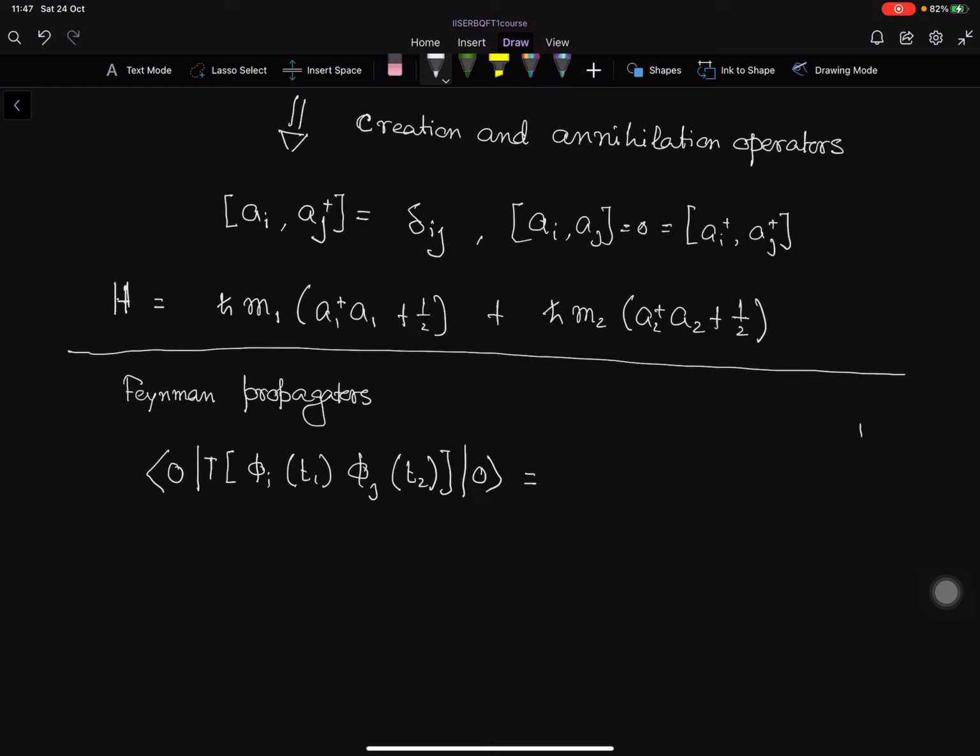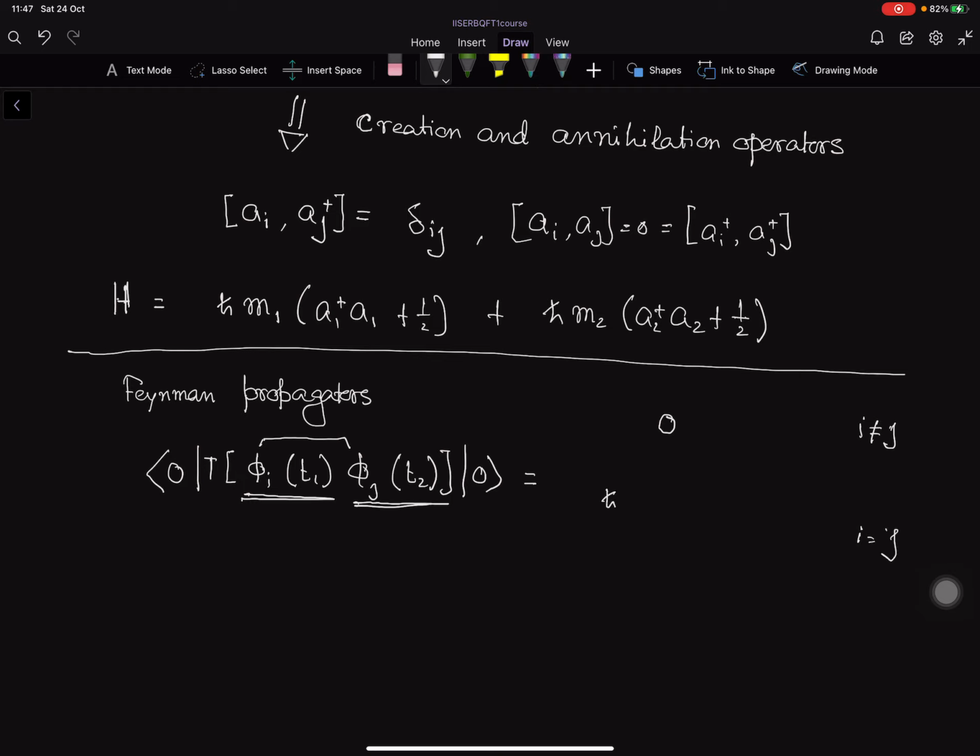If i is not equal to j, then this quantity just evaluates to 0. Why? Because this has one creation and one annihilation operator, and this also has one creation and one annihilation operator, and because these two species commute, you can show that this is 0 when i is not equal to j.